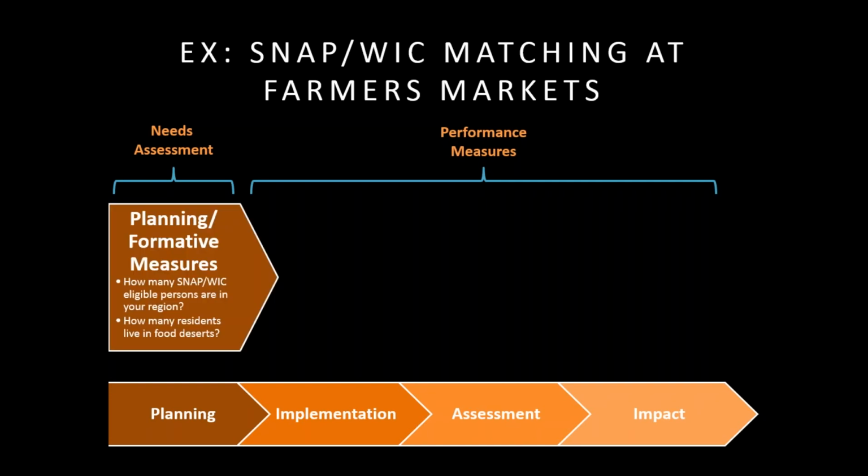So in the needs assessment phase, you want to think about, okay, does my region need a SNAP WIC matching program, and does it need more farmers markets? But also you want to think about how many people might you reach, right? So how many SNAP and WIC eligible persons are even in your region? If there's only 5 or 6 people, is it worth rolling out a whole program? How many residents in that region live in a food desert?